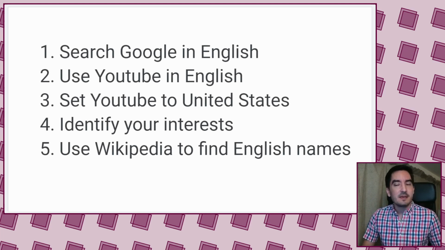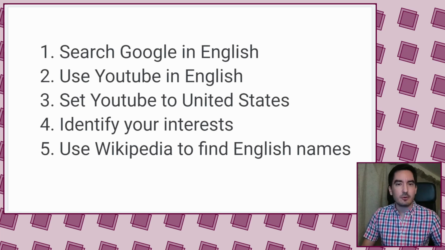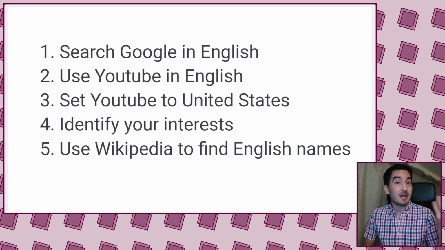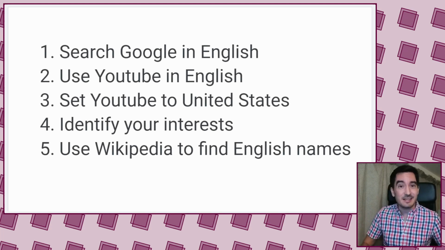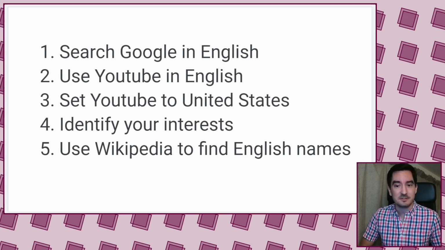Another thing, if you search or if you're looking for things, if you keep your settings the same way, you're going to get a lot of Taiwanese YouTubers. Even if you search like, oh, hamburgers, it might be a Taiwanese person speaking Chinese teaching you about burgers. So what you can do, set YouTube to the United States.